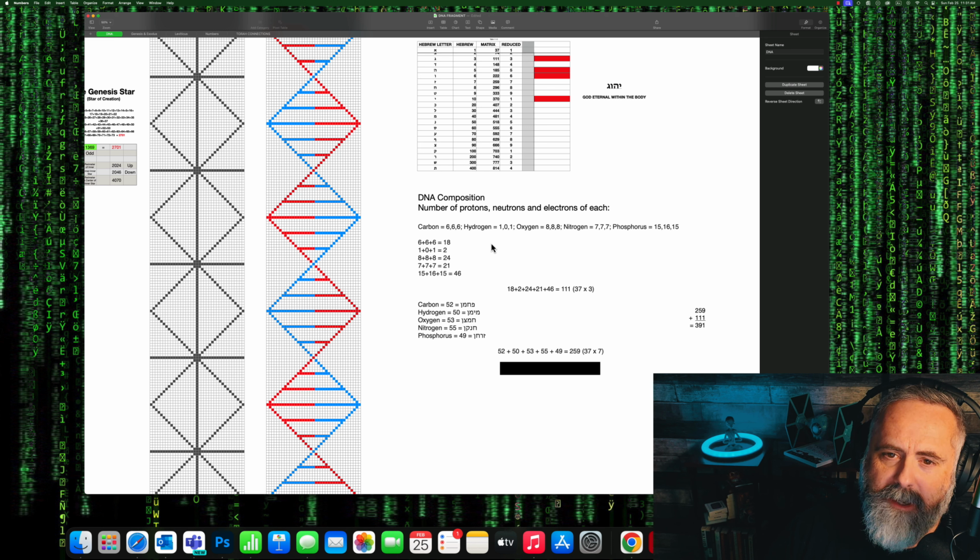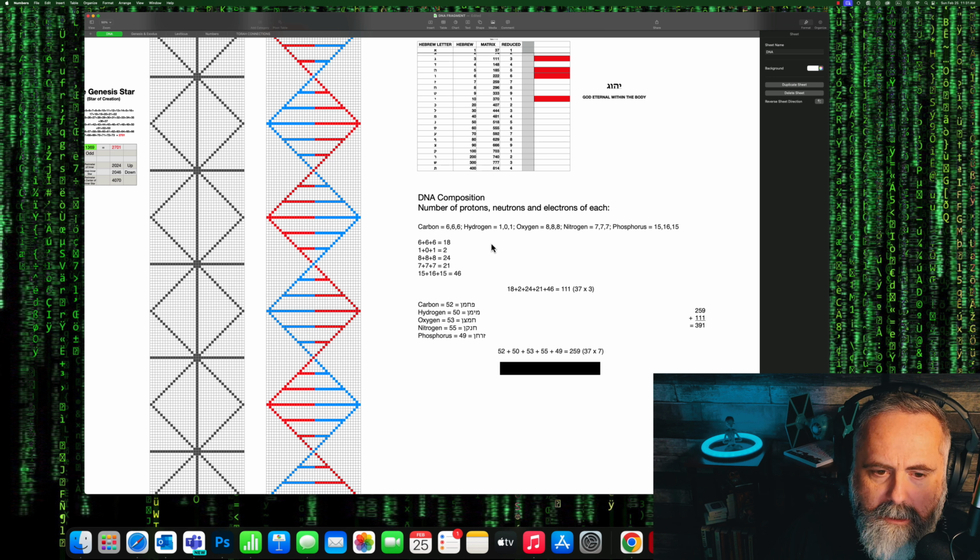I know some of you have left comments, and I know that Micah had mentioned it in one of our recordings, maybe the last one he and I did. I don't remember, but I know we talked about it. So let's look at each one of the elements that make up our DNA: carbon, hydrogen, oxygen, nitrogen, and phosphorus.